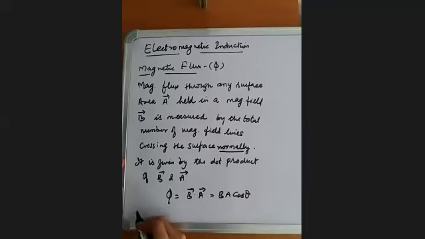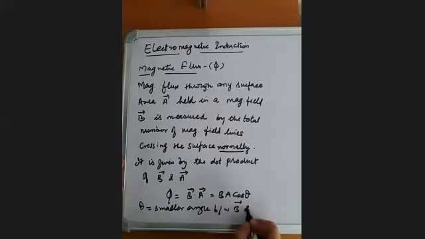Now what is theta here? Theta is the smaller angle between vector B and vector A.